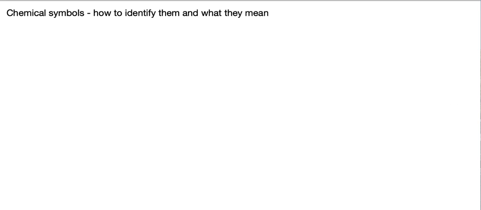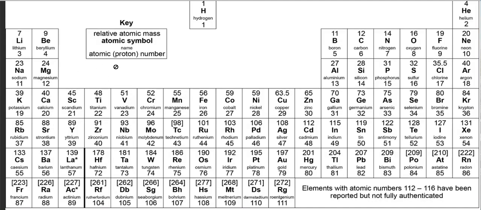Let's go back to the periodic table and just be very clear what we're talking about here. We have columns which we call the groups. Group 1 over here, group 2 in this column. Transition metals, which we don't talk about at this stage. Group 3, group 4, group 5, group 6, group 7.